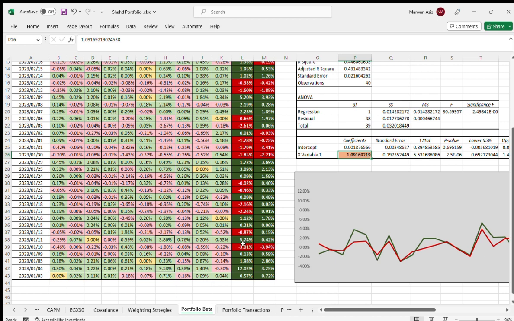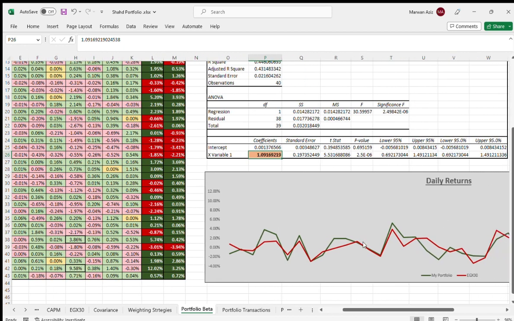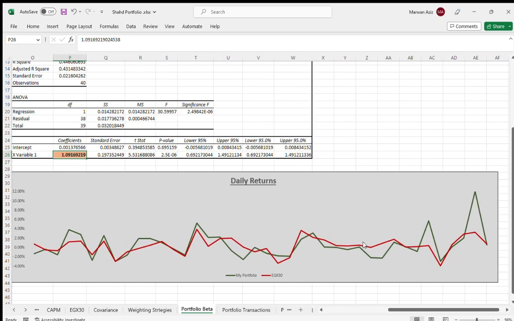As we can see here, my portfolio this day had a return of 5%, while the market had a return of 0.4%. Also here, so this may have resulted in the high beta.